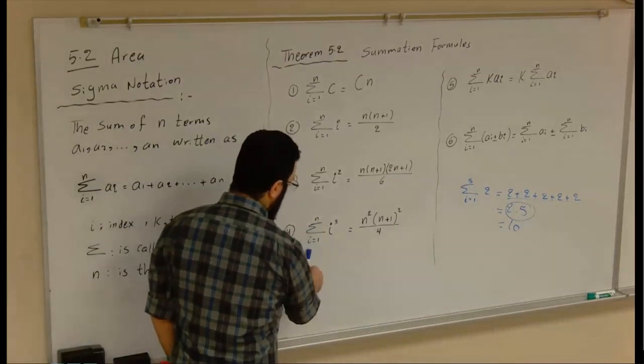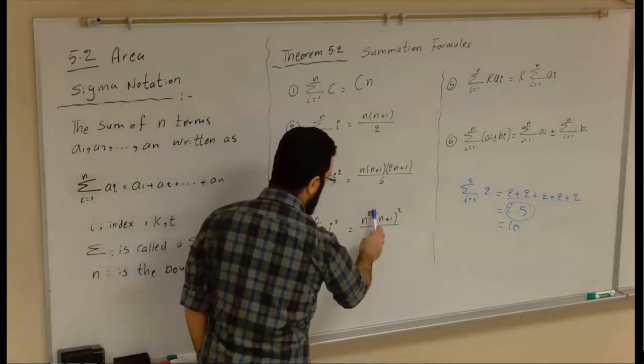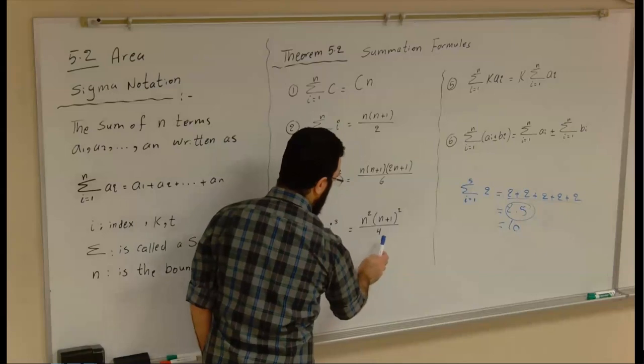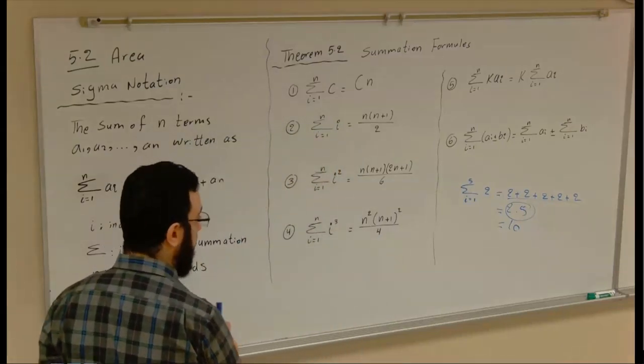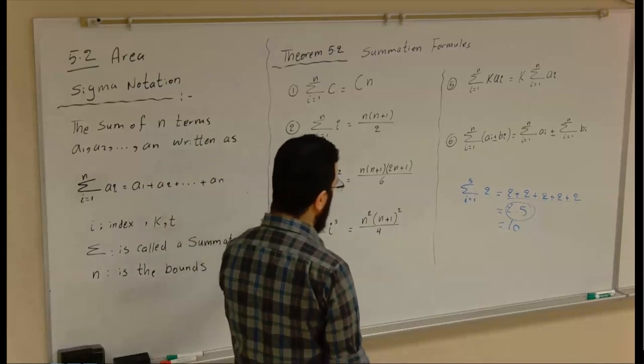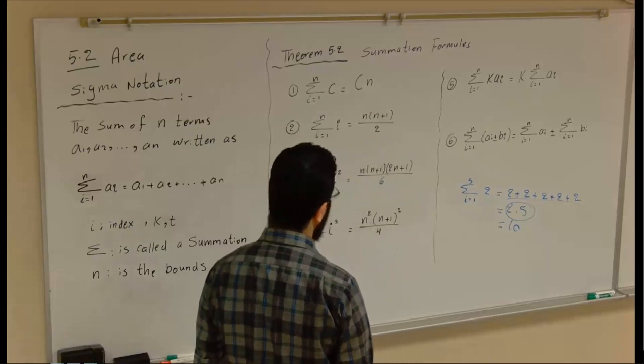Summation from i equal 1 to n of i cubed is going to be n squared times n plus 1 squared divided by 4. Again, there is a proof for each one, but we're just going to use the formula. If you want to see the proof, go ahead and check the slides.